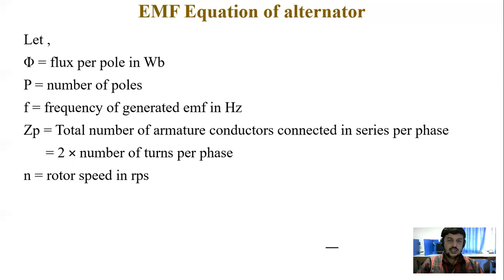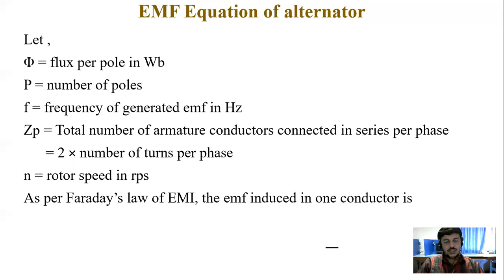Let small n be the speed of the alternator in RPS, that is actually the rotor speed in RPS. Now we know that according to Faraday's law of electromagnetic induction, the EMF induced in one conductor is given by d phi by dt.